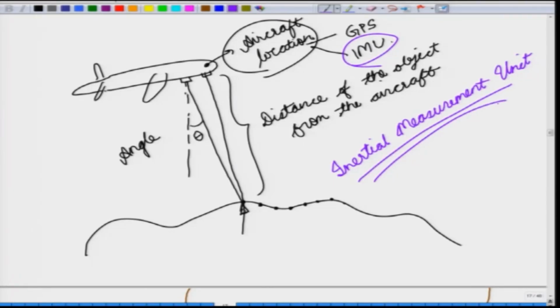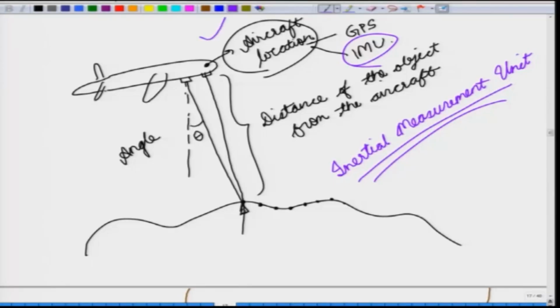This is something that you measure using the IMU. Now, with the GPS and the IMU, you know the position, the orientation and the acceleration of the aircraft, and using this information, you are able to pinpoint the aircraft. So, this is the first thing that we wanted to find out, the aircraft location.